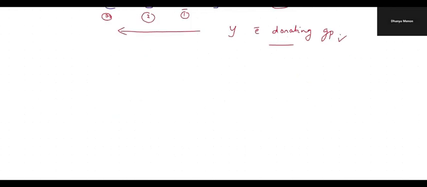Question number 1, I will tell you some groups that are electron withdrawing and some that are electron donating too. Okay, so the question: which of the following is more stable?